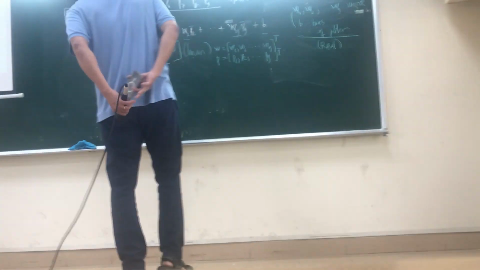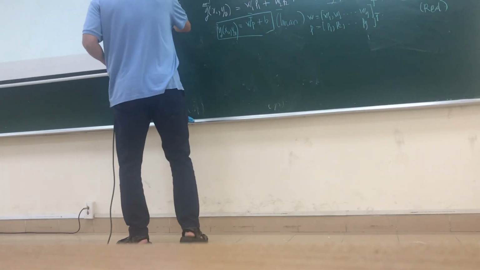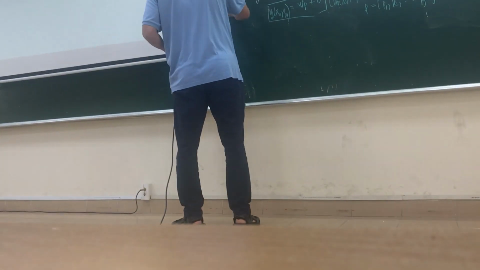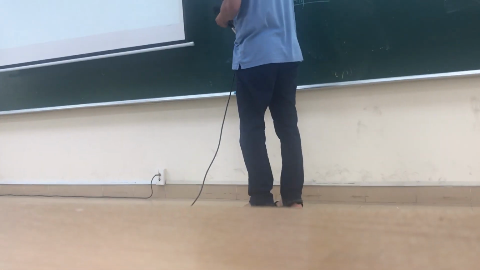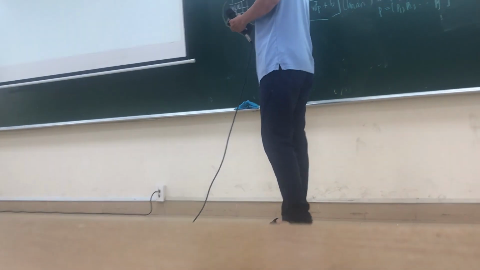In convolution or correlation, you have the window of weights, W1, W2, and also one bias B. The matrix W we call the kernel, or hàm nhân in Vietnamese, or window.